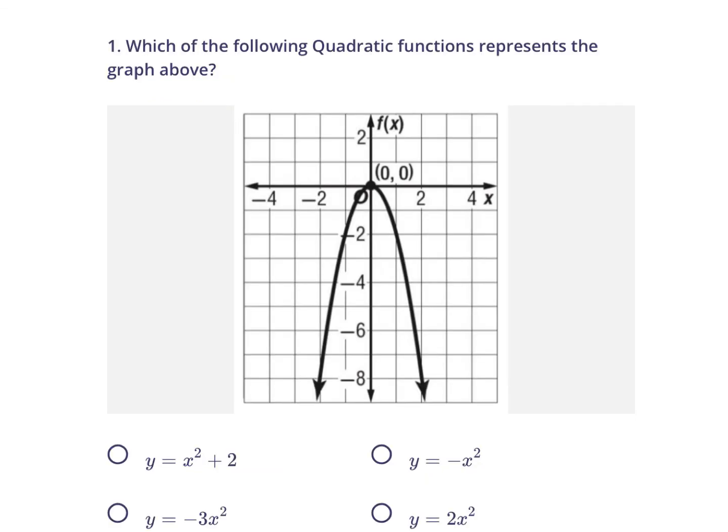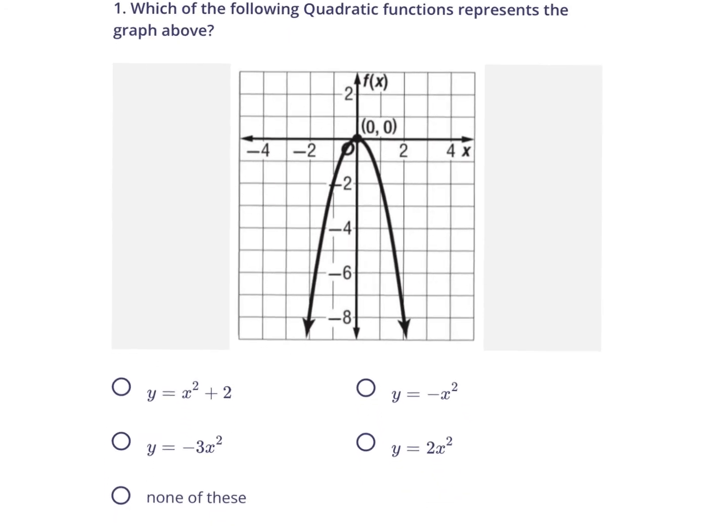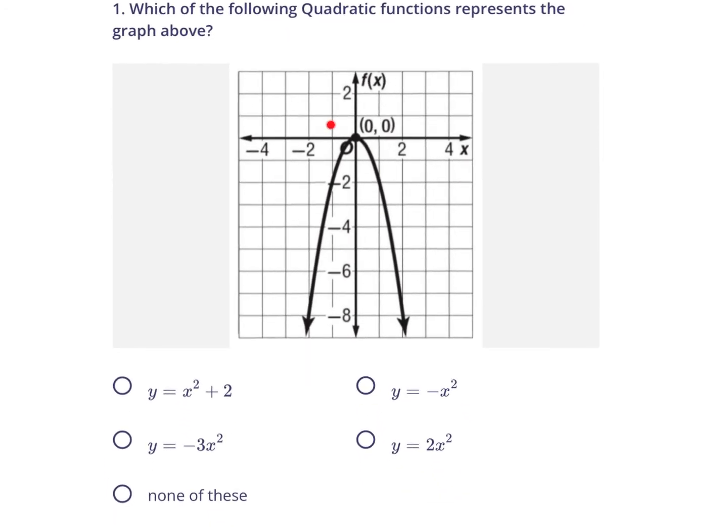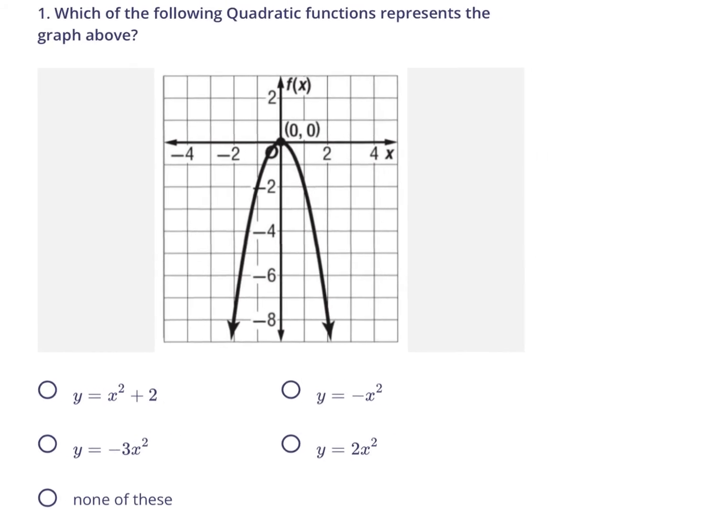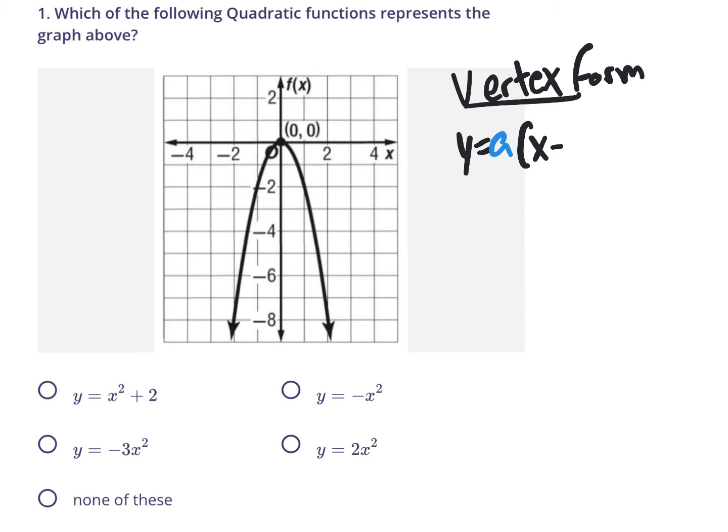So on this question, we're supposed to identify which of the following quadratic equations represents this graph right here. Okay, so we know 2 types of quadratic equations. We know vertex form, which is y equals a parentheses x minus h close parentheses squared plus k.